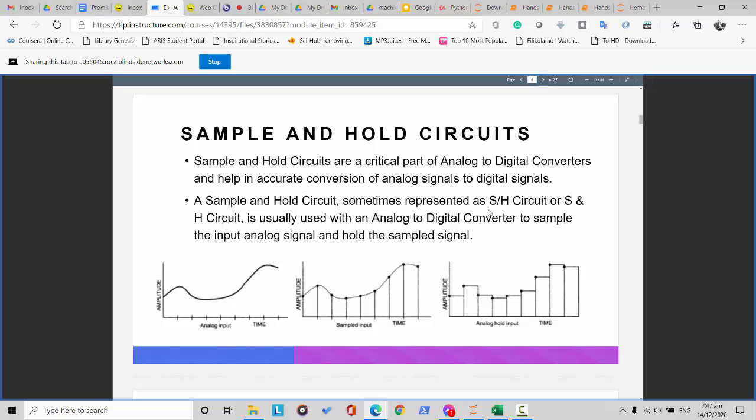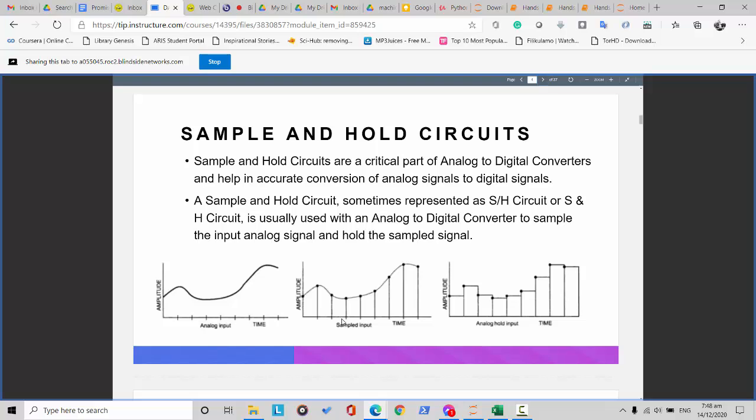Now, aside from that, we have here the concept of what we call sample and hold circuits. These sample and hold circuits are a very important part of analog to digital converters, because they help in the accuracy of the conversion of the analog signals to digital signals. From the illustration, we have here an analog input, okay, and it is sampled.